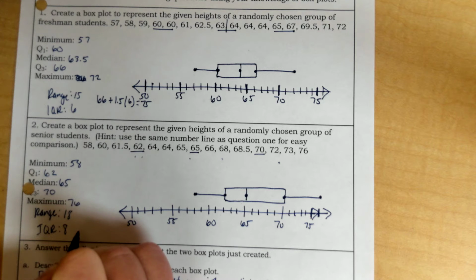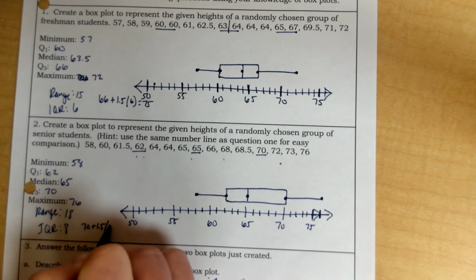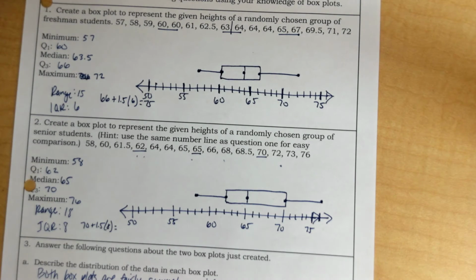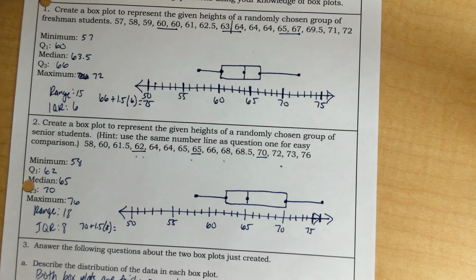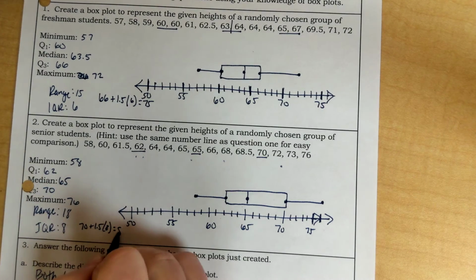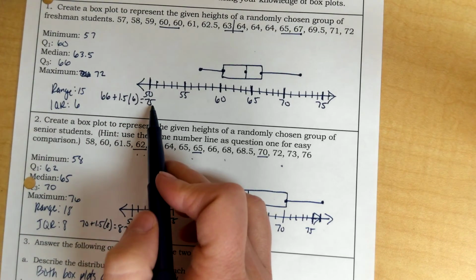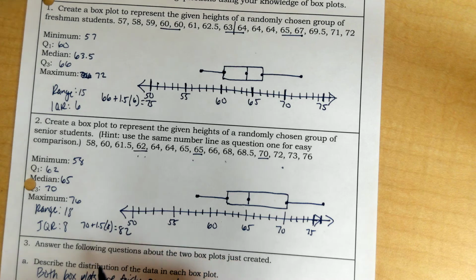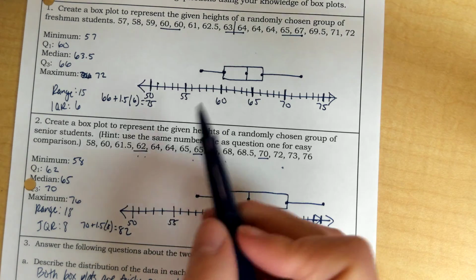And then down here, we would have 70 plus 1.5 times 8, a value of 82. So I would have to have a value of 75 to be an outlier here and a value of 82 there. I don't have that for either one of these.